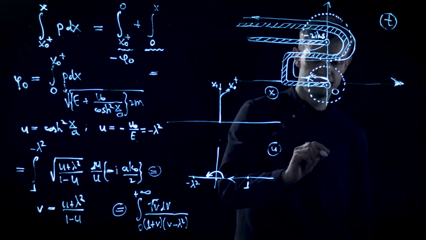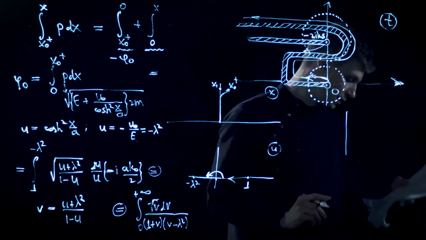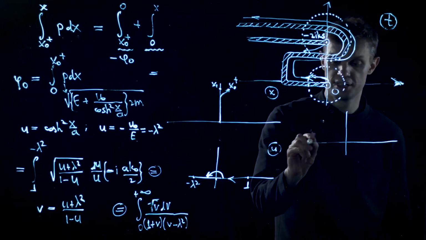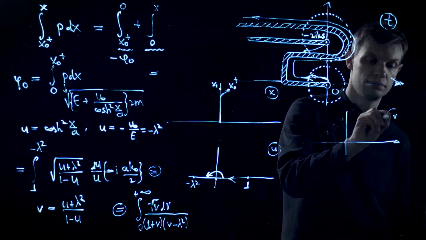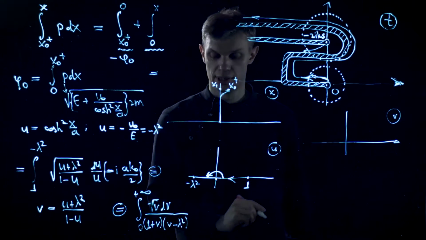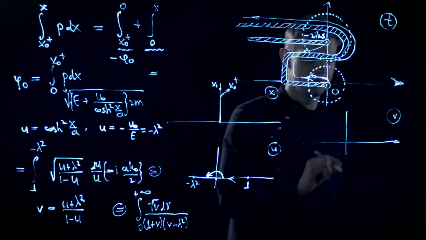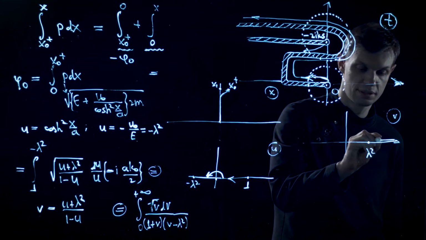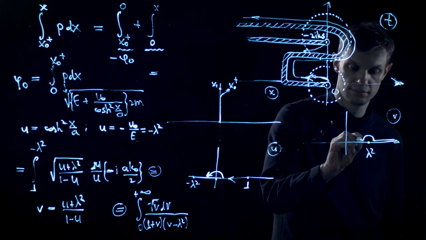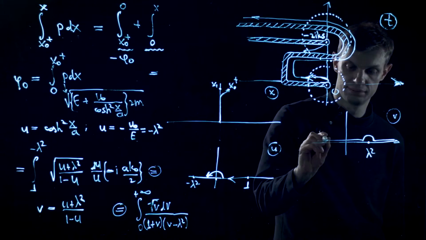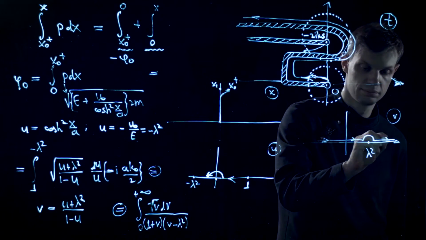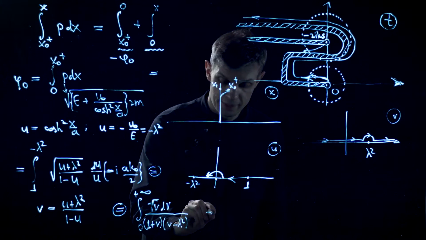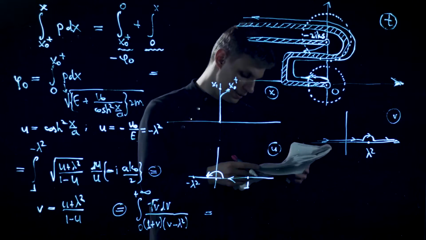And the contour itself is similar to the previous one. Again, we have our pole at the point v equals lambda squared, and it should be circumvented above the pole. Right, and this integral can be computed with elementary methods.